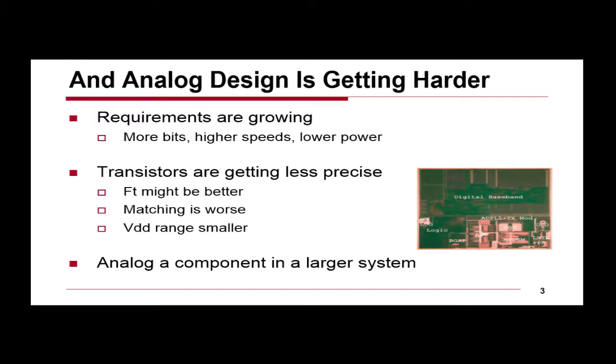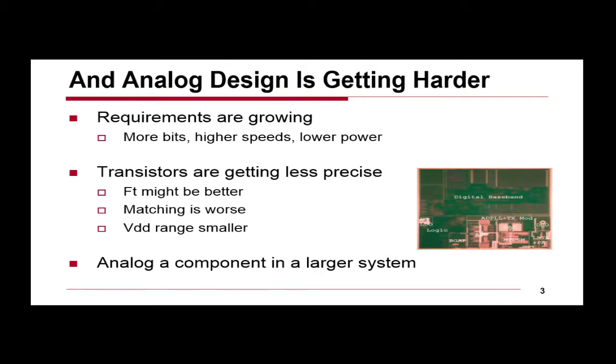And at high frequencies, people are talking about converters that run at many gigahertz. Now, while we have many more transistors, anybody who's involved in mixed signal design knows that as you scale MOS transistors, they don't necessarily get better. Their fTs, their speed improves, but the matching is worse, the voltage ranges are worse, and so you have a lot of additional complexity you need to work on.